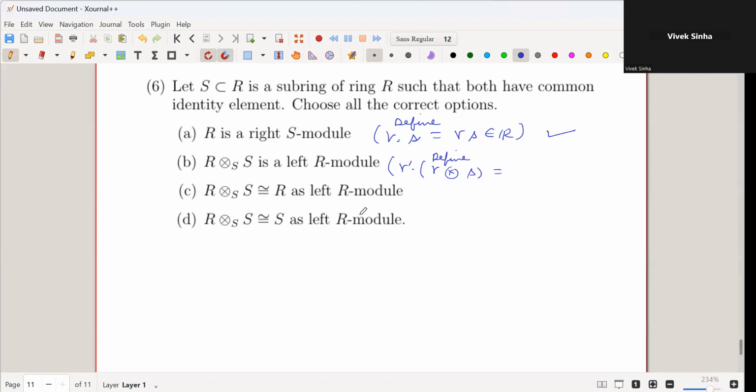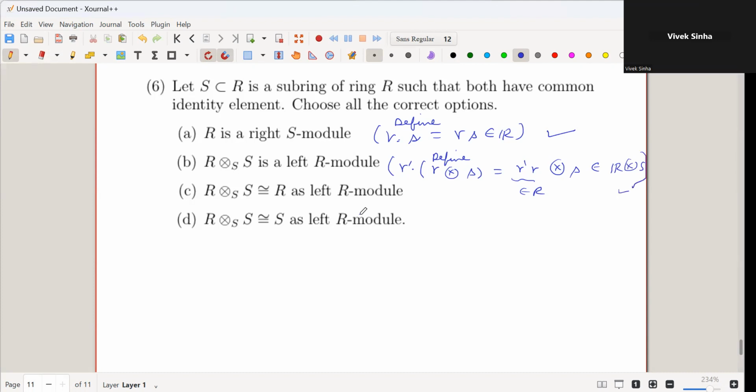So this will be just to define R dash R. It will lie inside S, so there is no problem. It's an element of R tensor S again, and you check that it satisfies the properties of a module.